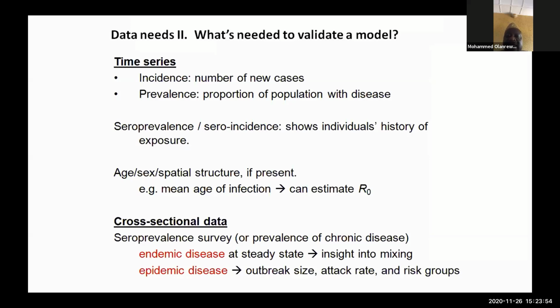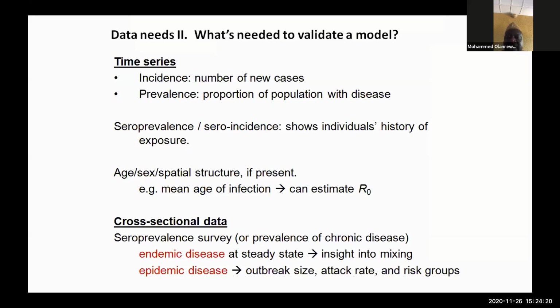Seroprevalence and seroincidence show individuals' history of exposure, age, sex, and spatial structure if present; for example, the mean age of infection can estimate R naught. Then we have what we call cross-sectional data. It's a prevalence survey or prevalence of chronic disease.